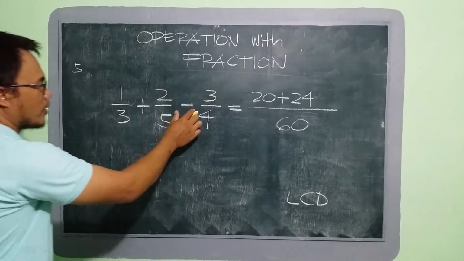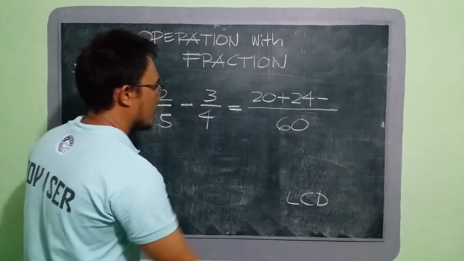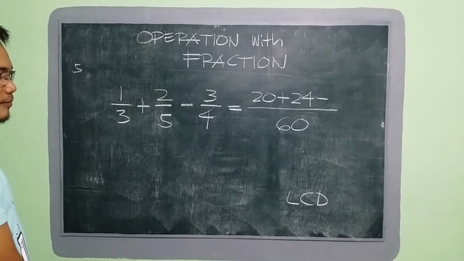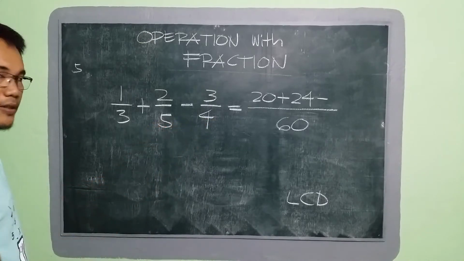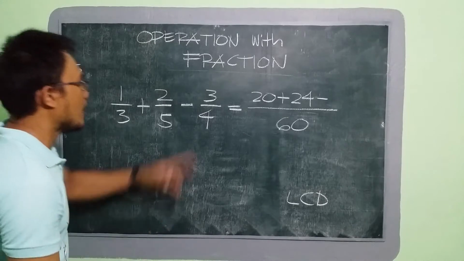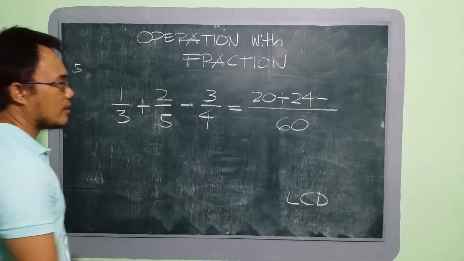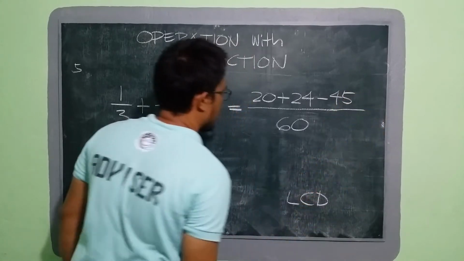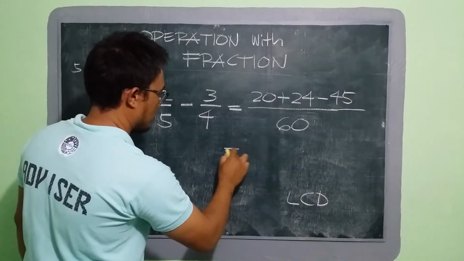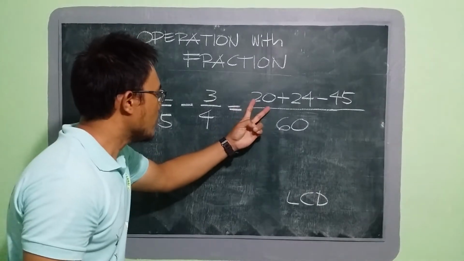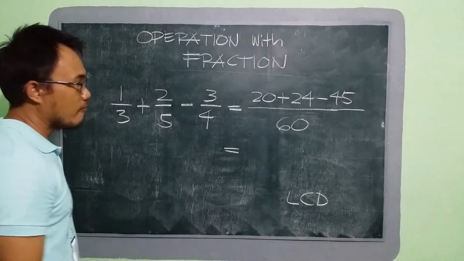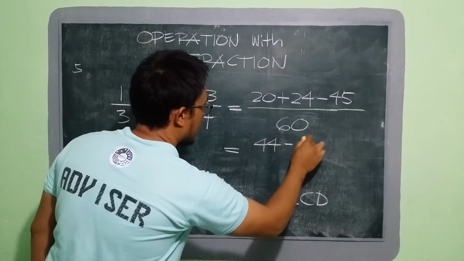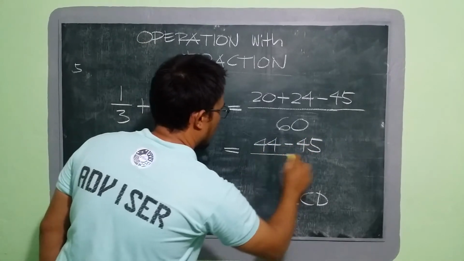Then next we copy the minus sign. 60 divided by 4, that is 15 times 3, that is 45. Okay. Now we simplify. So we have 20 plus 24, that is 44. Correct? Okay. Minus 45 all over 60.